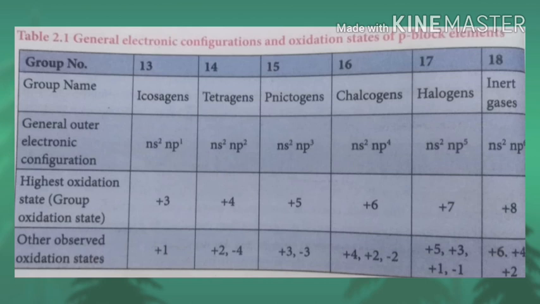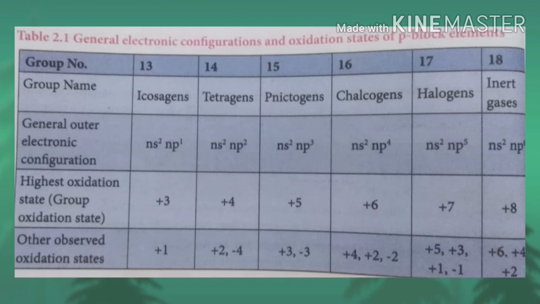This is the highest oxidation state. Other oxidation states are also mentioned. For the 13th group, the outermost p shell has only 1 electron, therefore the observed oxidation state is +1. Then coming to the next one, the outermost configuration is ns2 np2 for the 14th group, so the observed oxidation states are +2 as well as -4.